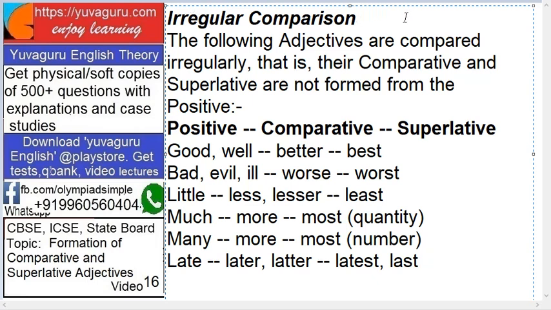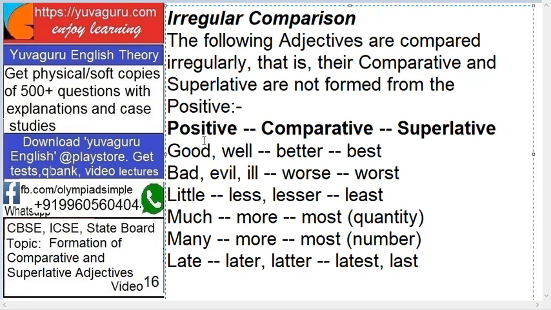Next, irregular comparison. The following adjectives are compared irregularly. Means their comparative and superlative are not formed from the positive. See here, generally what we do, suppose we say strong, stronger, strongest. So comparative and superlative are formed from strong only, the positive. But here it's not the case.